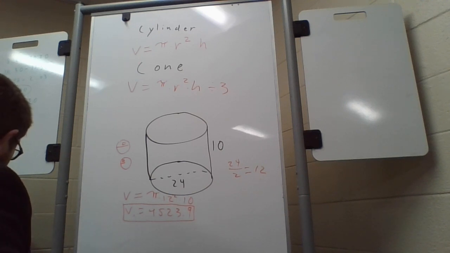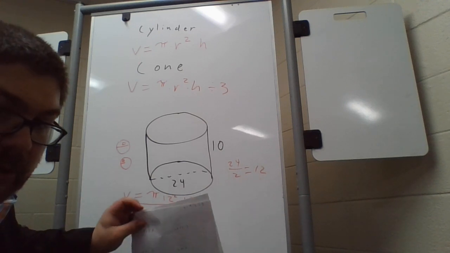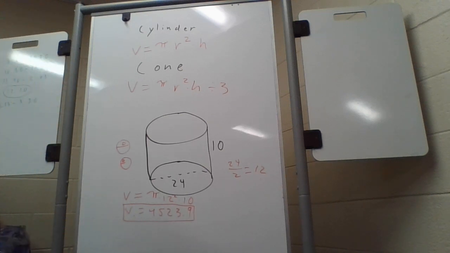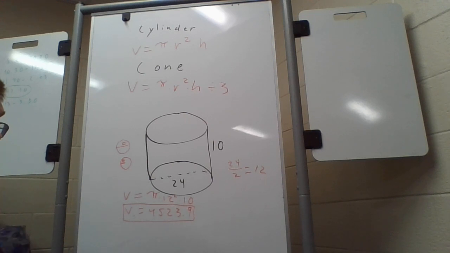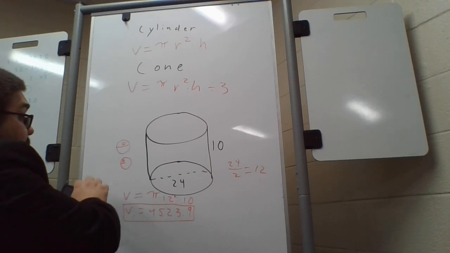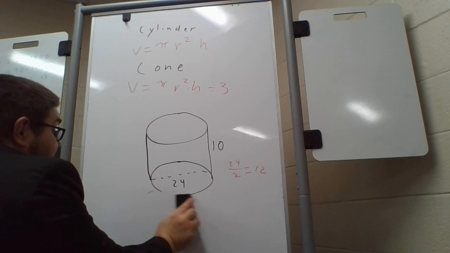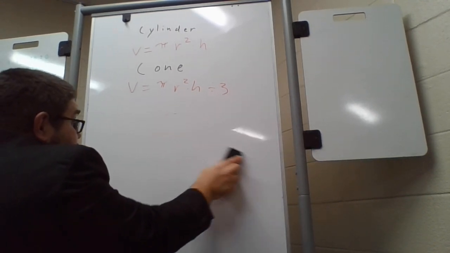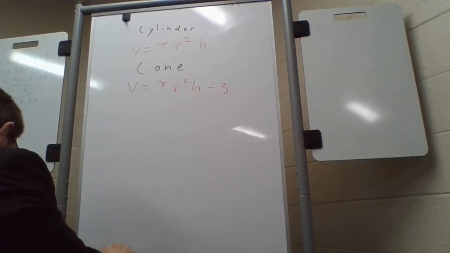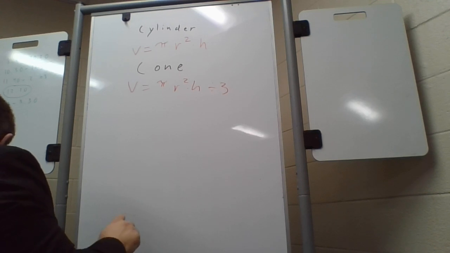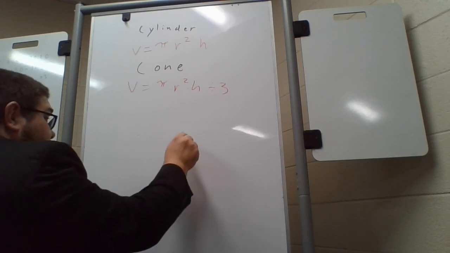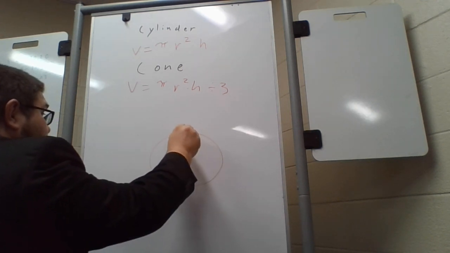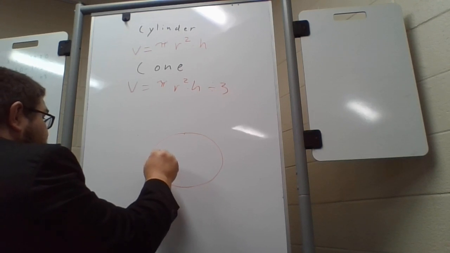But what about if we have, I'm going to do another problem off of our worksheet for today. What if we have a problem, and pause this if you need to. Pause it because I'm going to erase. Let's say that we have something that looks like this. I have a circle. It's the base.